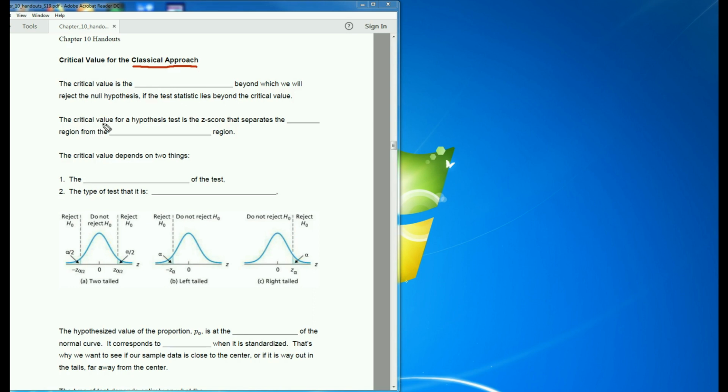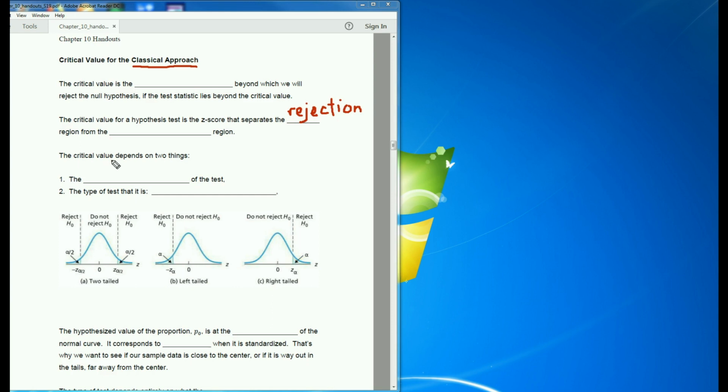So the critical value is the z-score that separates what is called the rejection region, let me just write that out to make sure I'm being clear, okay, the rejection region from the non-rejection region. Okay?